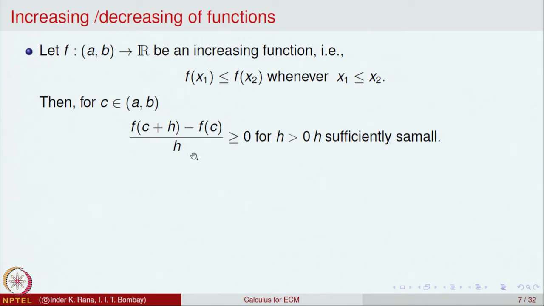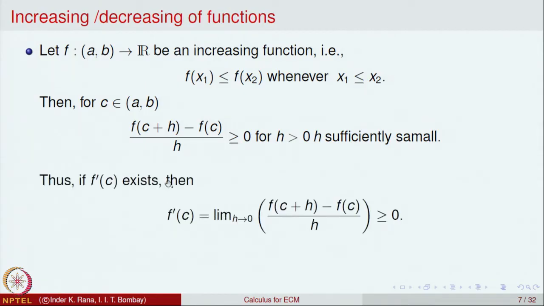So, that means in a neighborhood of the point c, this ratio is always a non-negative quantity. So, if the limit of this as h goes to 0 exists, because this is always a non-negative quantity, the derivative also will be a non-negative quantity. The limit has to be non-negative. That is a property of the limit.